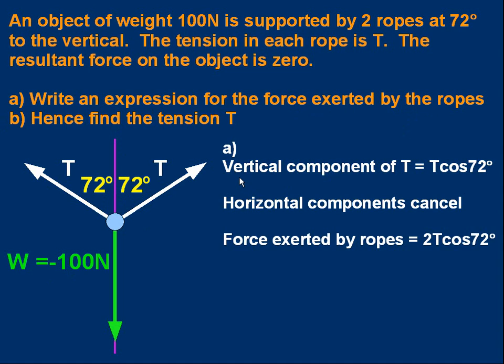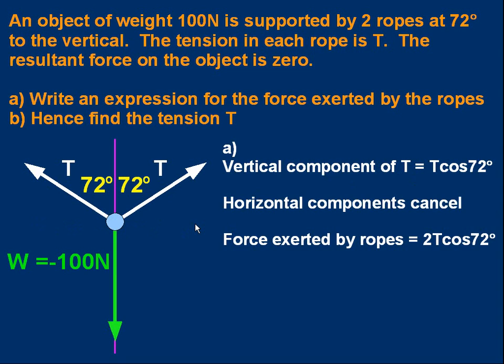Well, I hope you can see that the vertical component of tension is T cos 72 degrees. The horizontal component of tension will be T sine 72, but that will be cancelled out by the horizontal component on the other side.